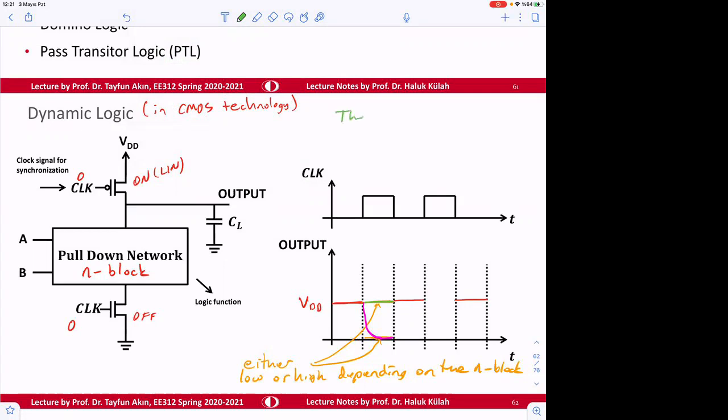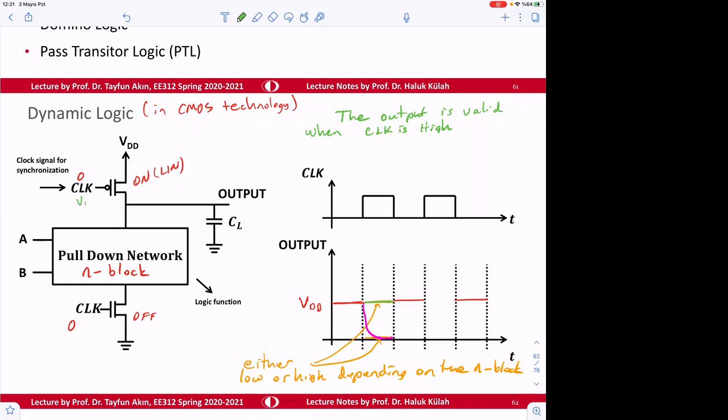The output is valid when the clock is high. Okay, because when the clock is high, then this will be off.